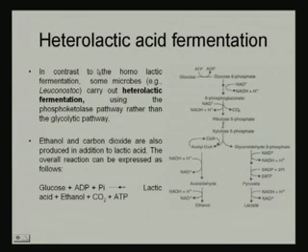When we talk about heterolactic fermentation, in contrast to homolactic, some microbes carry out this fermentation using the phosphoketolase pathway rather than the glycolytic pathway. Here, glucose is converted to glucose 6-phosphate, then through the PPP pathway to 6-phosphogluconate, ribose 5-phosphate, ribulose 5-phosphate, and xylulose 5-phosphate, and one fraction produces glyceraldehyde 3-phosphate.